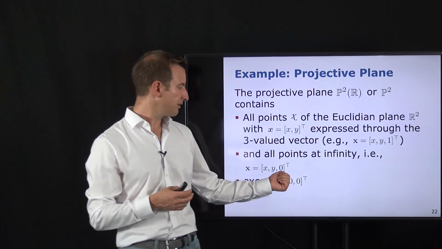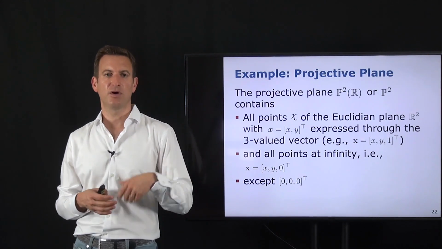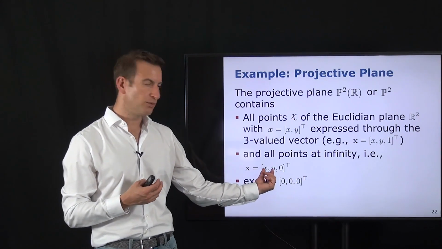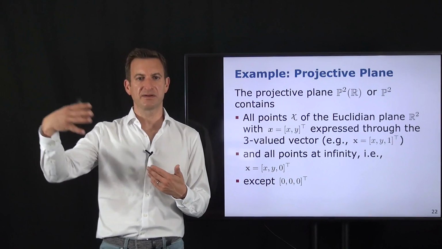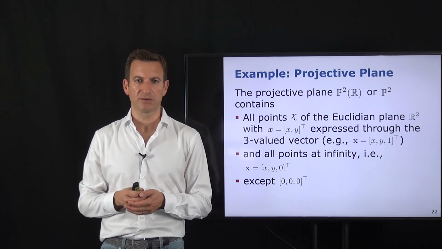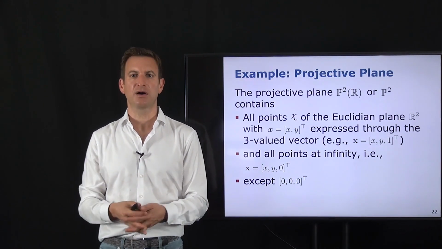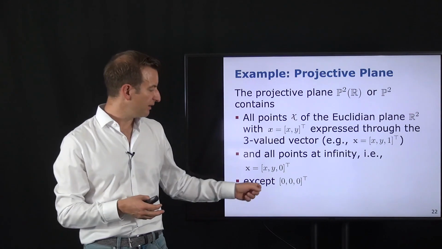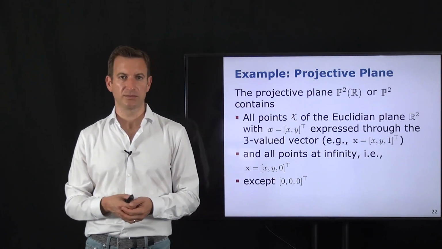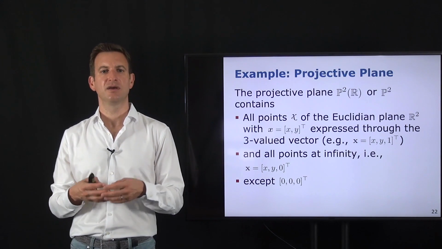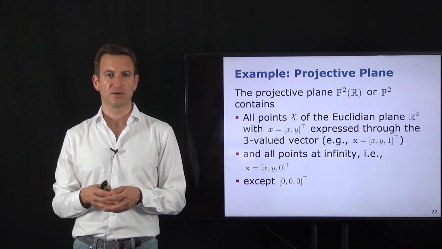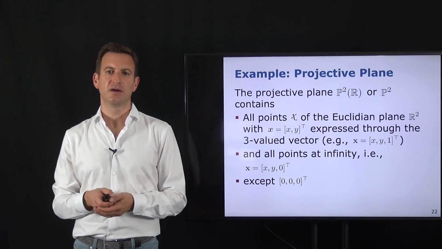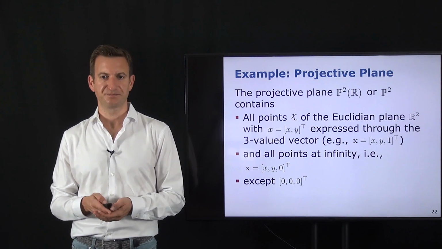So if the last coordinate is 0, then it's a point which is infinitely far away, and the first two coordinates just specify the direction where that point is in the world. And the only point which is not part of that projective plane is the point 0, 0, 0. This is explicitly taken out, so the 0 vector, where all dimensions are 0, is not part of P2.